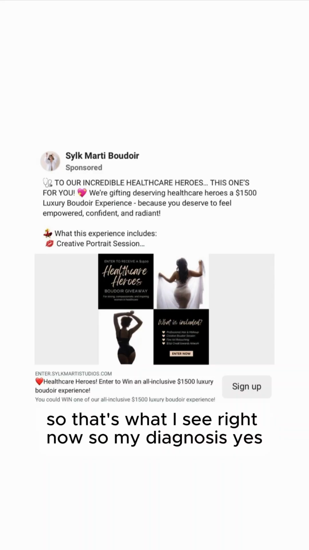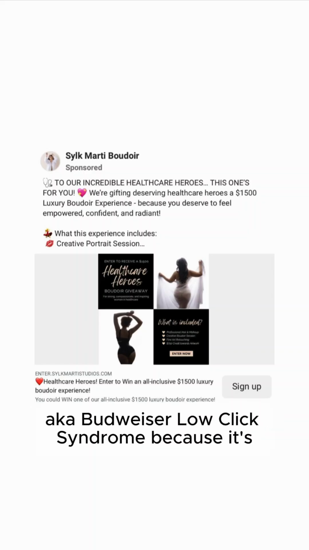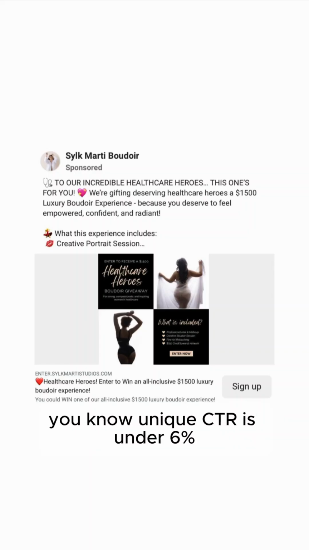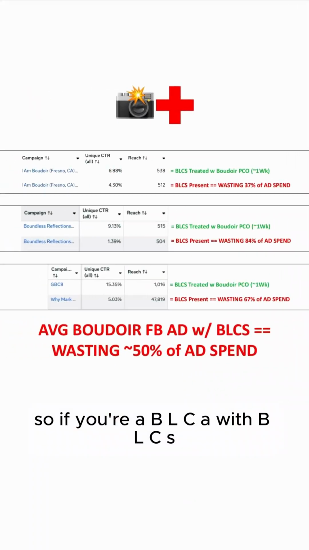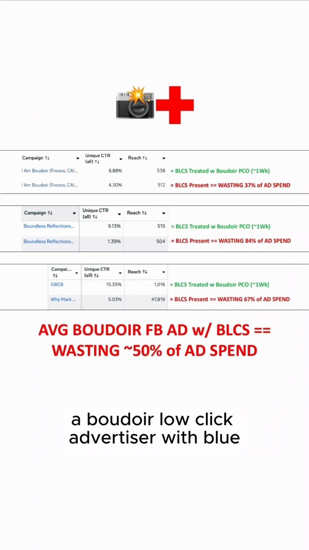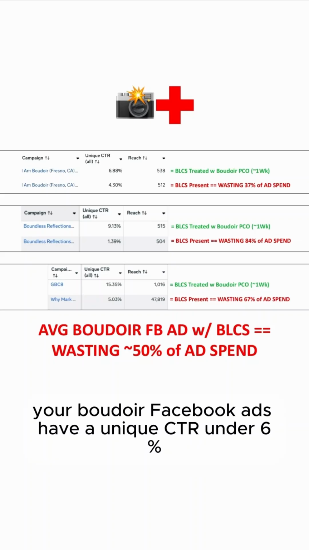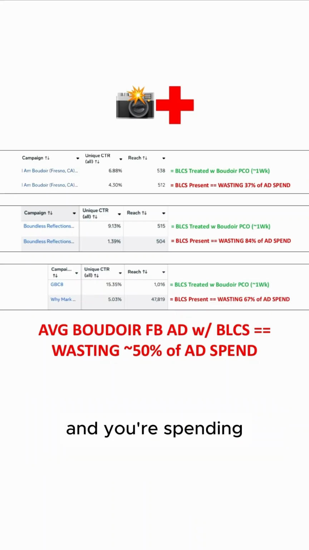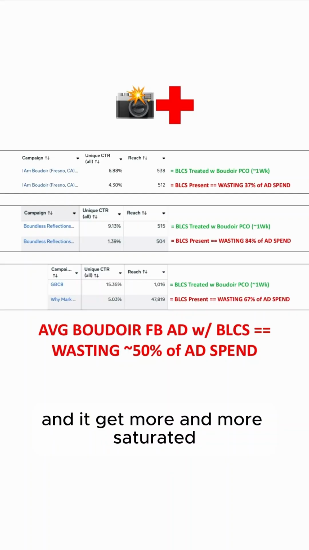So my diagnosis: yes, I do believe this Boudoir Facebook ad has BLCS, aka Boudoir low click syndrome, because its unique CTRL is under 6%. So if you're a BLCA with BLCS, a Boudoir low click advertiser with Boudoir low click syndrome, your Boudoir Facebook ads have a unique CTRL under 6%, and you're spending more than 10 grand a month on Boudoir Facebook ads, and you're looking at the marketplace and it's getting more and more saturated.